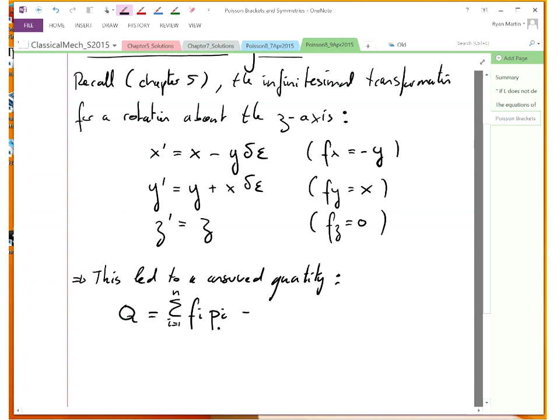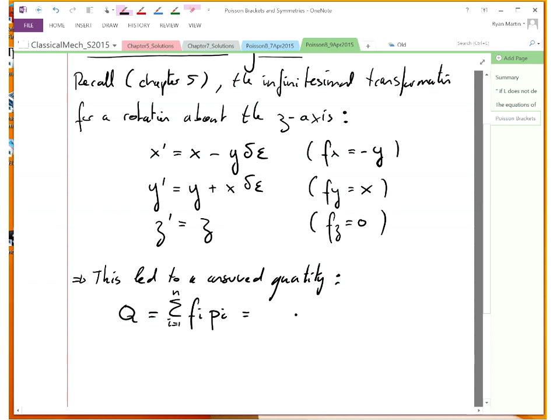So there's only two of the F's that are non-zero. We have Fx, which is minus y, times px.